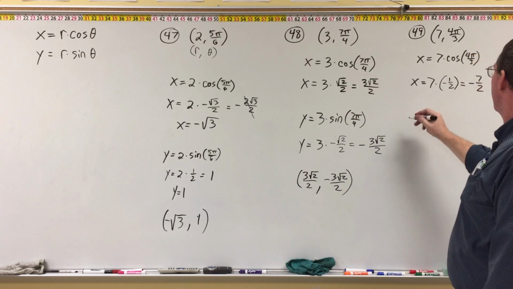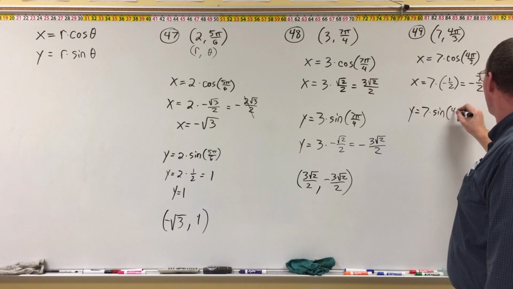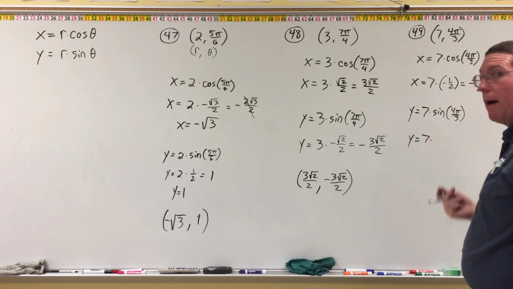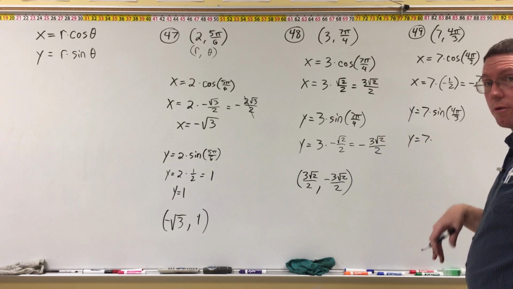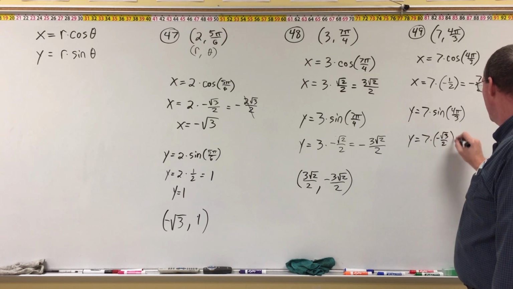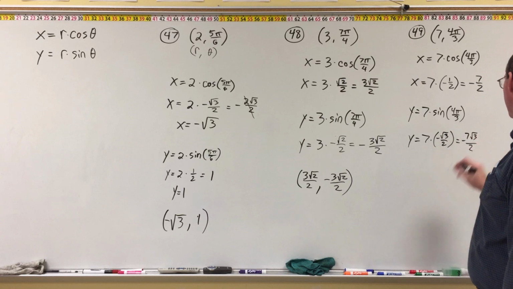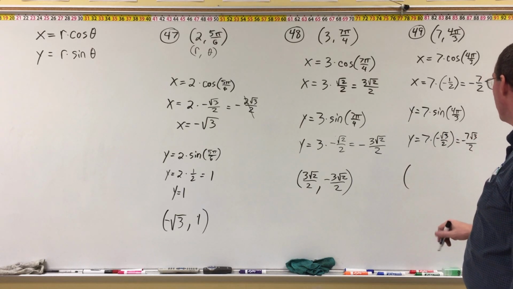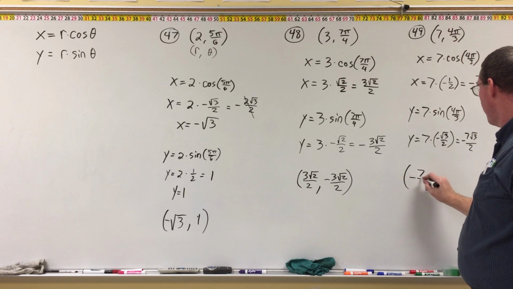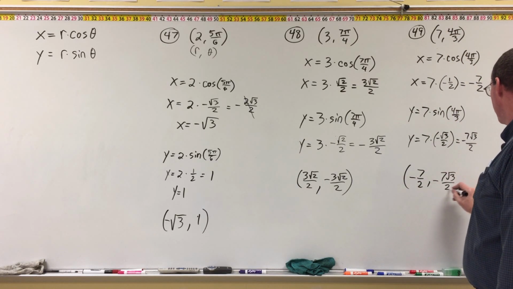And our y-coordinate is going to be 7 times sine of 4 pi over 3. In the third quadrant it's negative, negative square root of 3 over 2. And so our y-coordinate is negative 7 square root of 3 over 2. And so our rectangular coordinates that match those polar coordinates are negative 7 over 2, comma, negative 7 square root of 3 over 2.